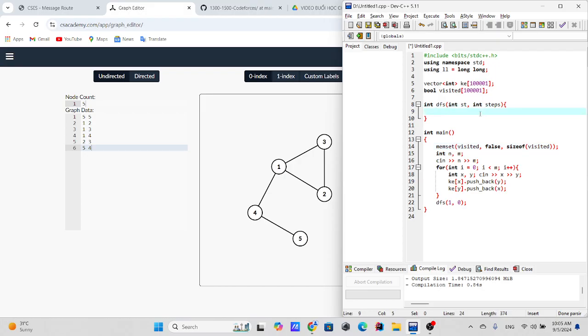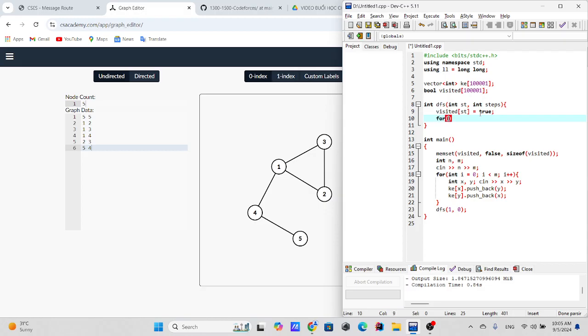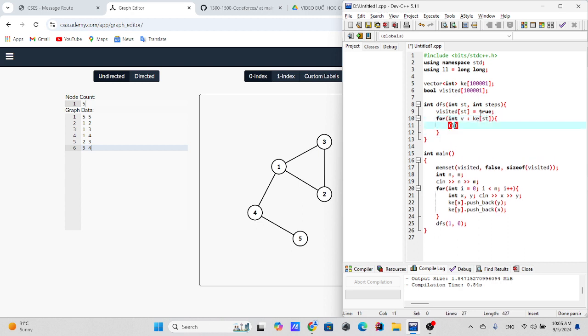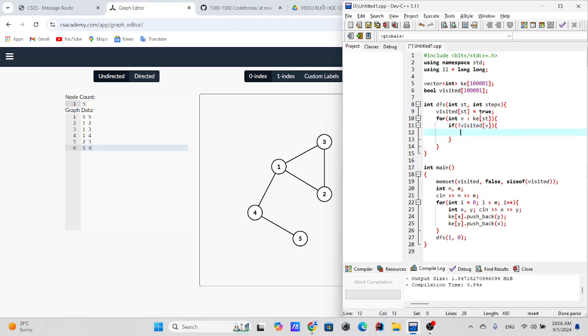Okay. So first of all, visited of st will be true, and for int v in adj of st, if, oh, my bad, if not visited of v, then what do we do?